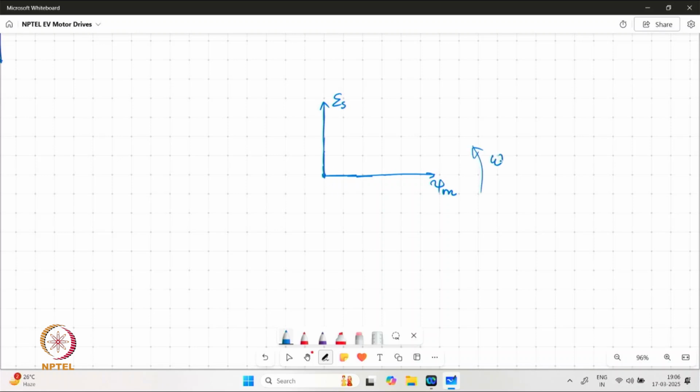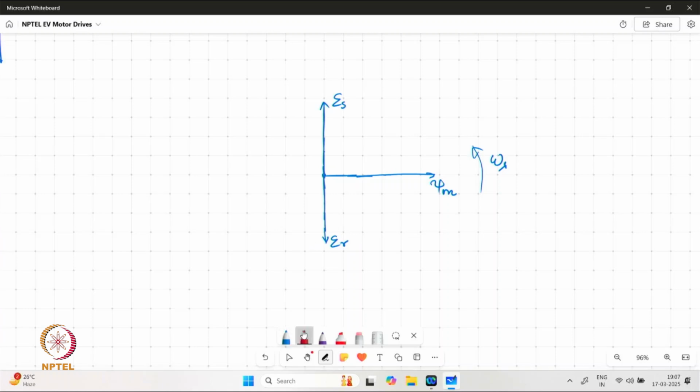We have a rotational speed of omega s in the counterclockwise direction. Then the voltage generated on the rotor side, which is Er, is 90 degrees lagging with respect to psi m, and there is current Im which is responsible for generation of psi m, the air gap flux magnetizing current.